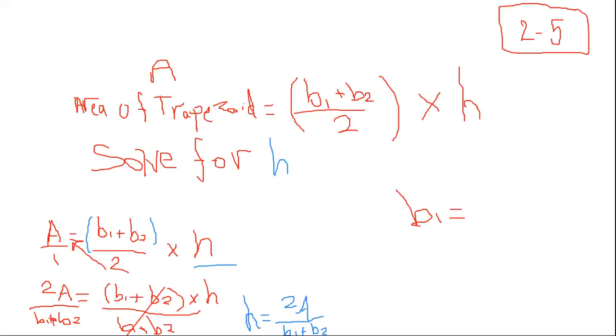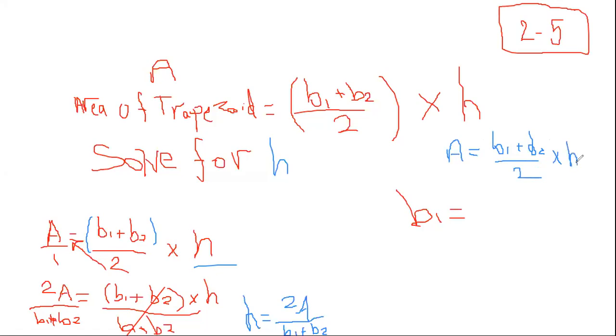For the second part, we are looking for what? For B1, right? So we have to work from the beginning, step by step. Area equals (B1 plus B2) over 2, times height, right?